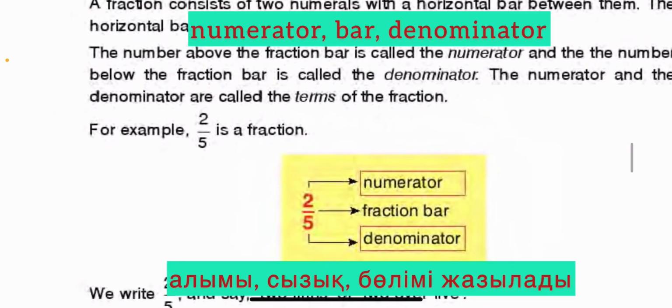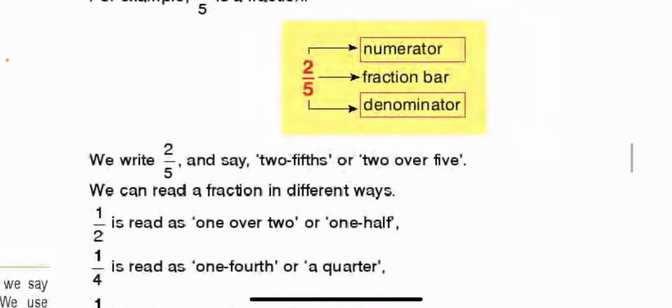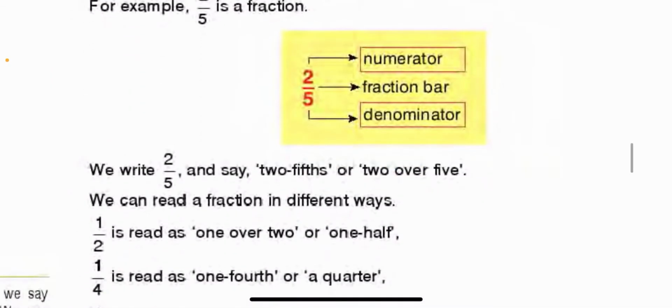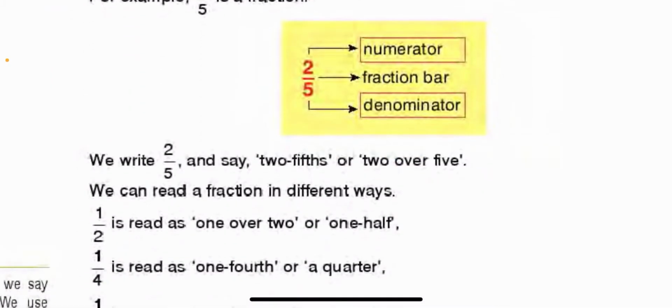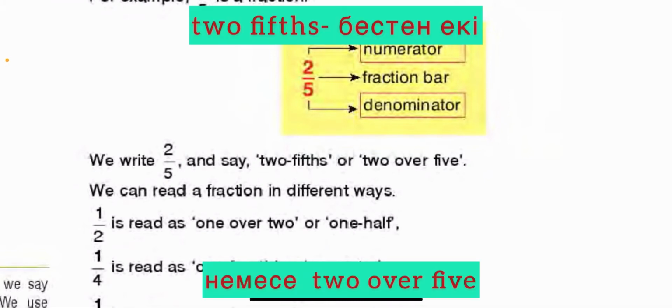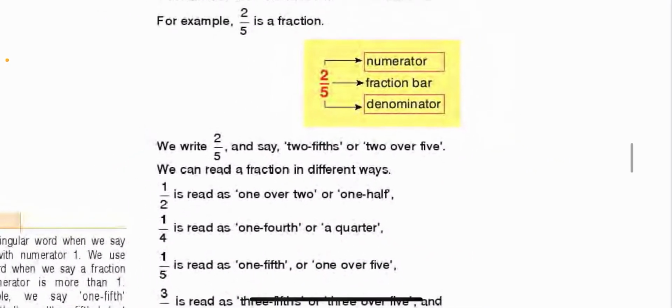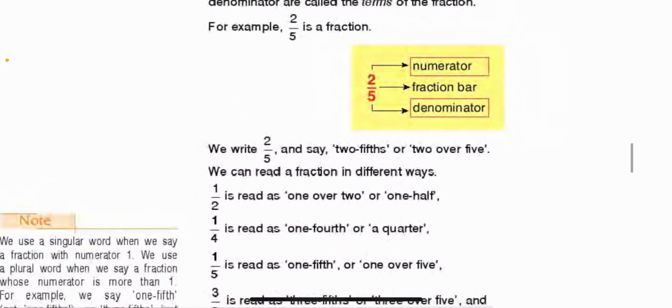It consists of a numerator, fraction bar, and denominator. 2 is the numerator and 5 is the denominator. We write it 2/5 and say two fifths. As I told you, we can read a fraction in different ways.